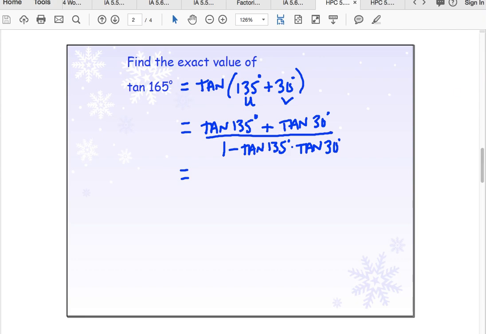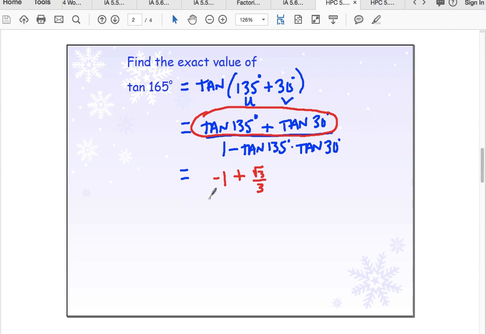All right, so now we're going to go to our unit circle. And I'm going to color code this just because it could easily get a little bit messy. So on the top, tangent of 135 degrees is -1. And tangent of 30 degrees is square root of 3/3. That is all of this stuff on the top of my fraction.